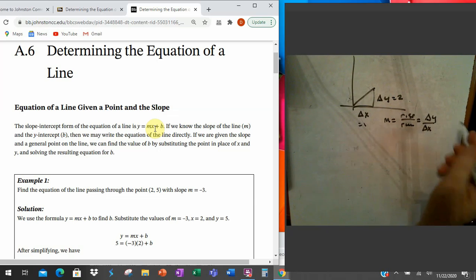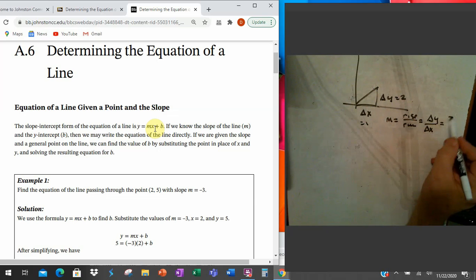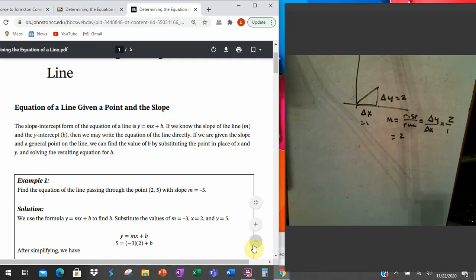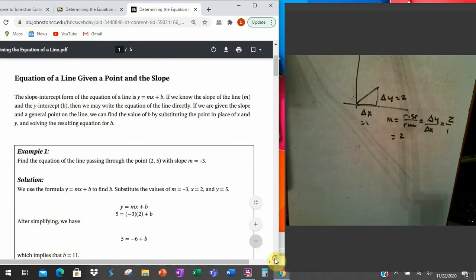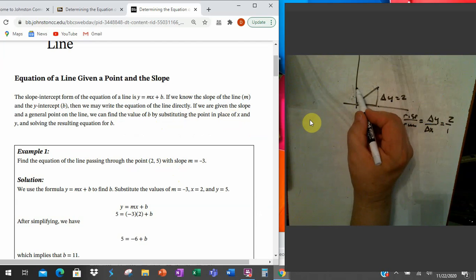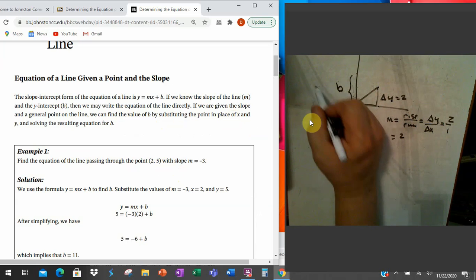A couple of different ways that you would see this. But when I went over 1, I went up 2, so that slope would be 2. It says, find the equation of the line passing through the point and a given slope. So that's what we're going to do here. The b is the y-intercept. Here it would be 0 because we started here. But wherever it starts at, that's the value of b. That's the y-intercept.